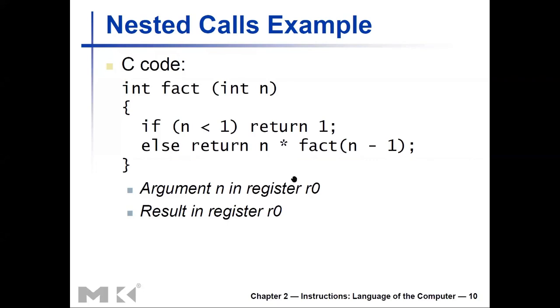One thing is, if you need to use R4 to R11, you have to preserve them in the stack. And what is the other thing that you will need to store in the stack?